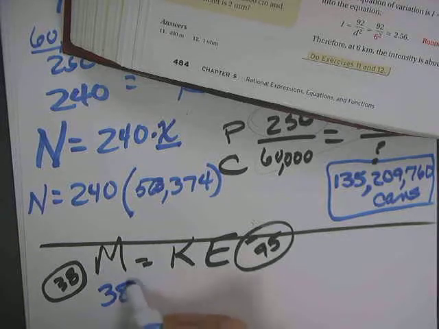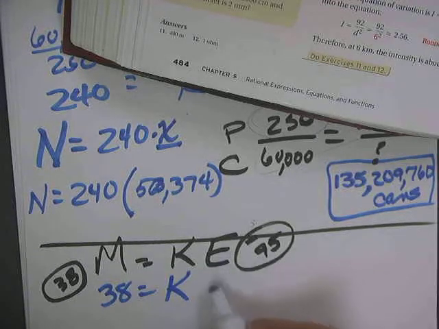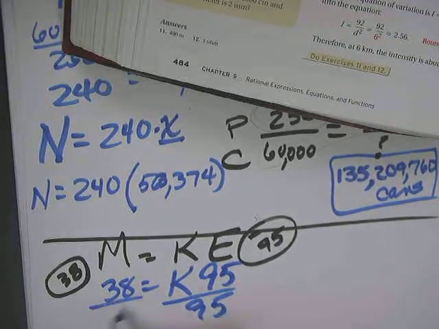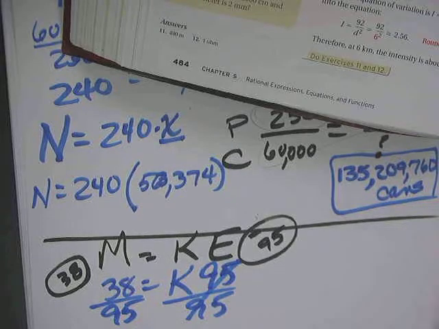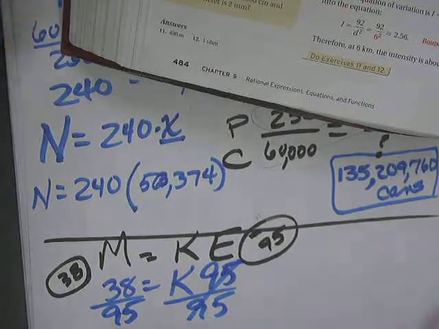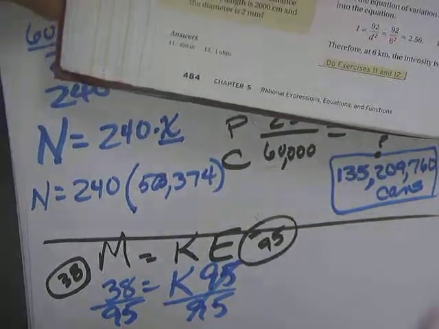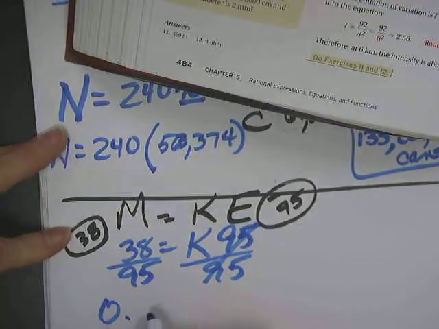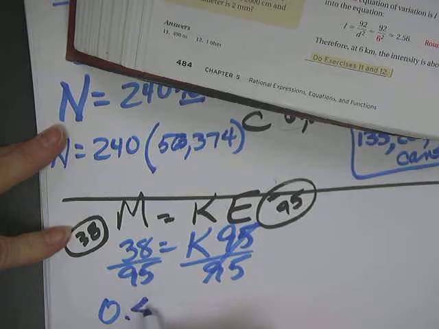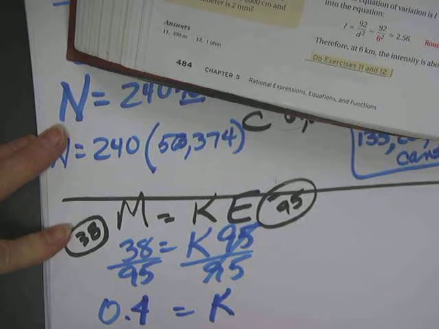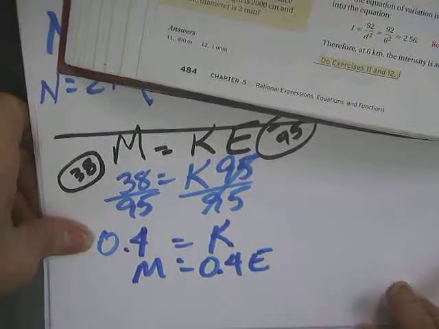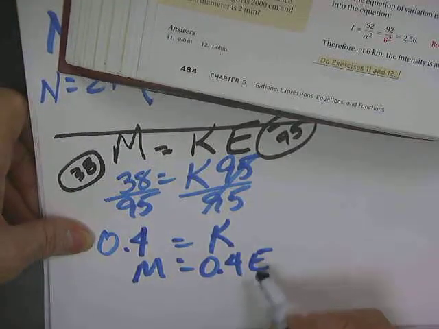I think they want you to practice doing this way, even though we could set up a proportion. So we'll go ahead and do that. The Mars weight is 38 equals K times 95. So divide by 95. It's about a third of what they weigh on Earth. What is it, 0.4 exactly?